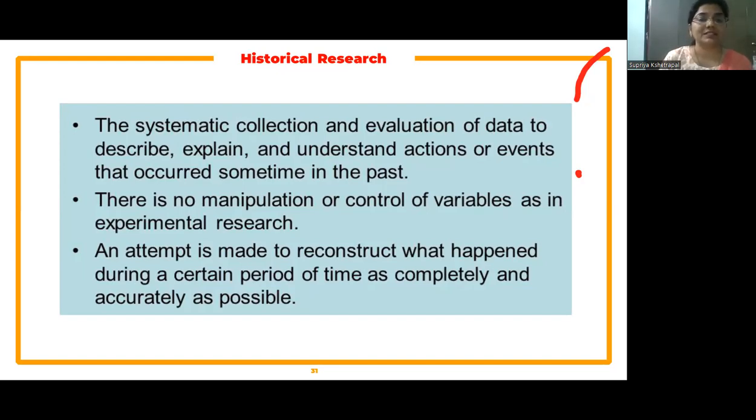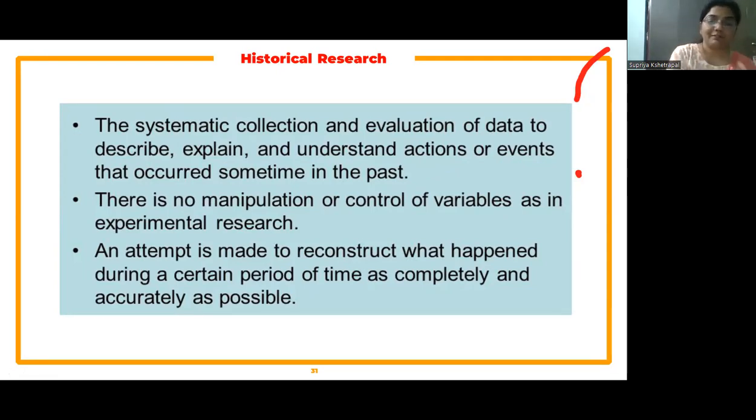Okay, the systematic collection and the evaluation of data to describe, explain and understand the actions or the events that occurred sometime in the past is known as historical research. Okay, so there is no such manipulation, no control of the variable as in experimental research. Like we said in experimental research, x plus 2 is equal to y.